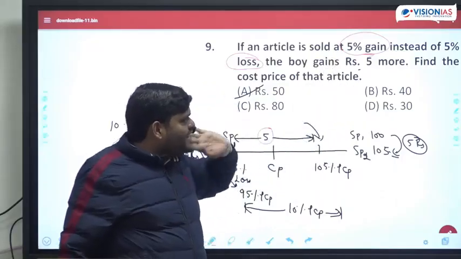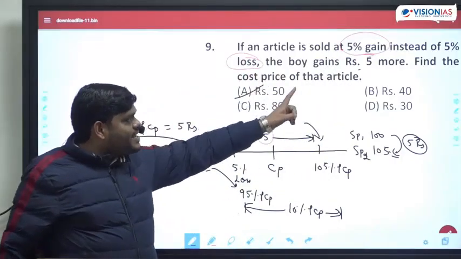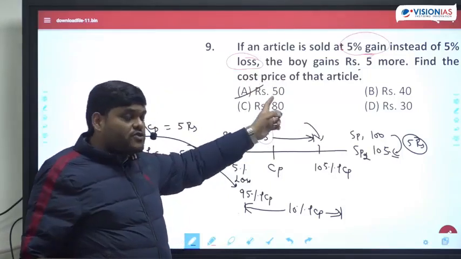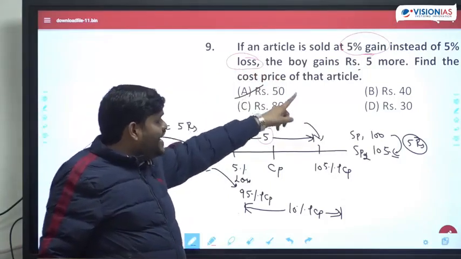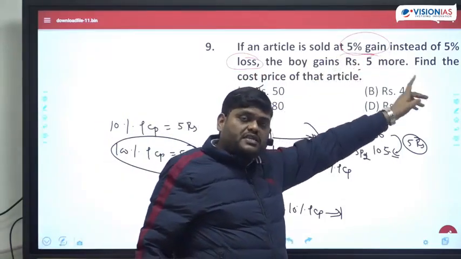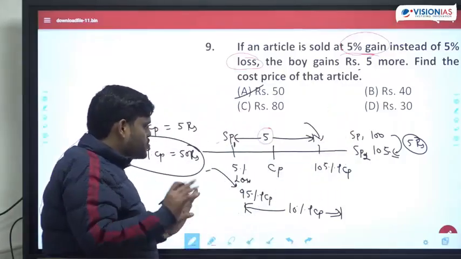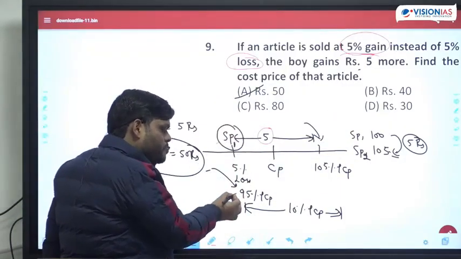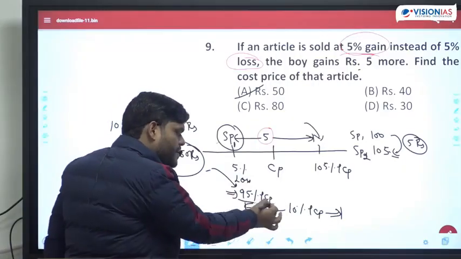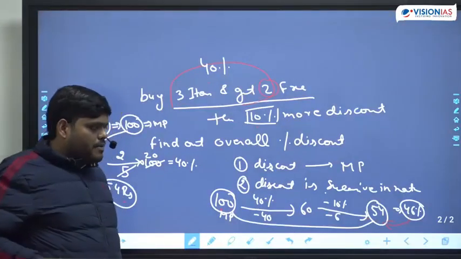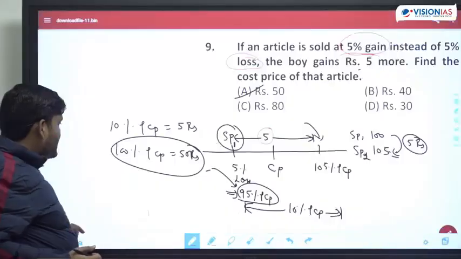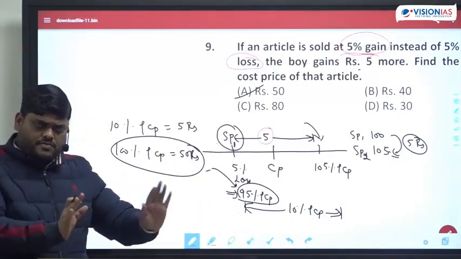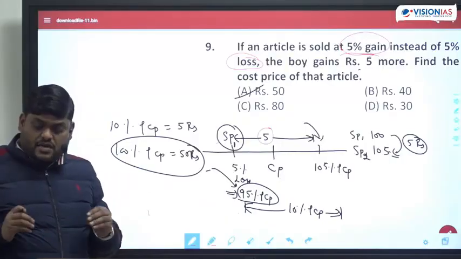And this is exactly what the question is. Initially the item was sold at 5% loss and now the same item is sold at 5% gain. So when the item was sold at 5% loss, at that time the SP was 95% of CP, or not? 5% loss means what? I hope this is clear. ठीक है ना?